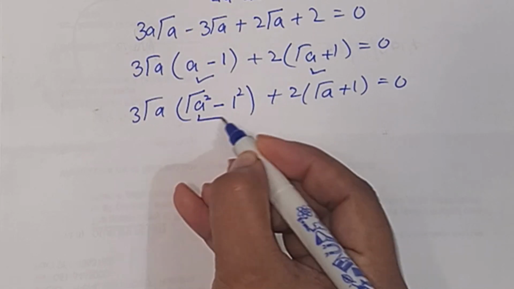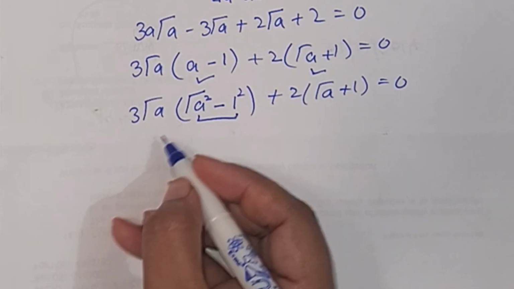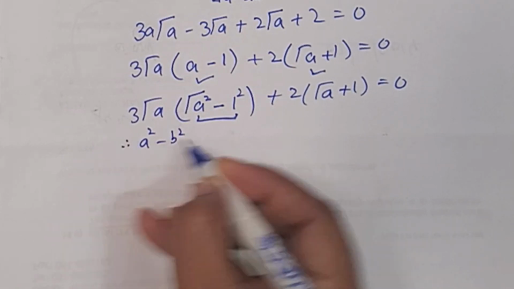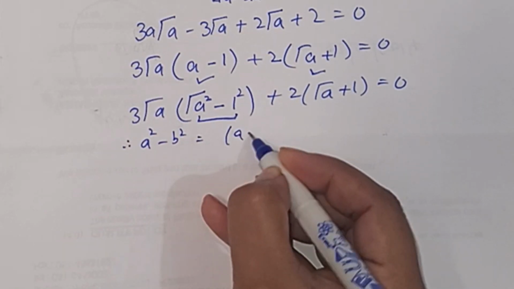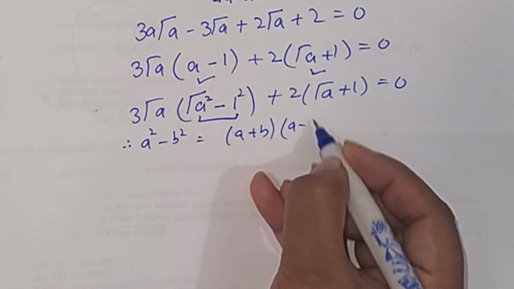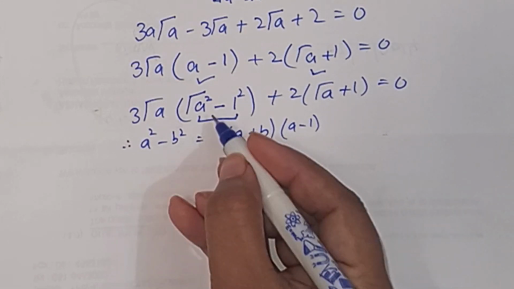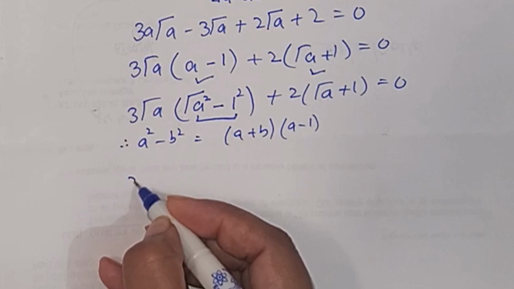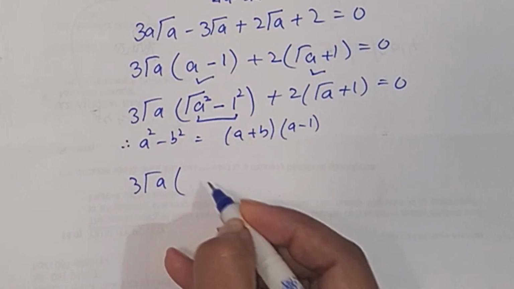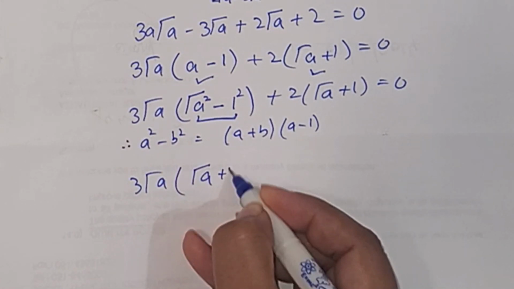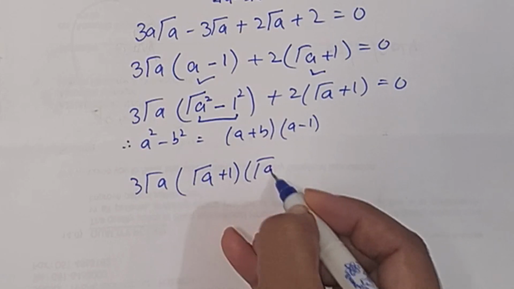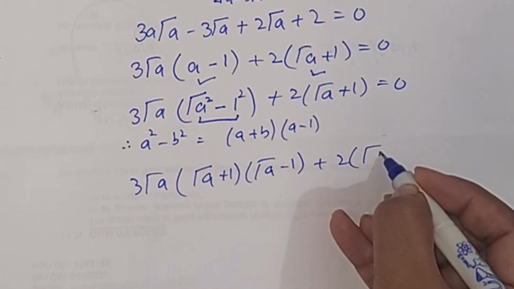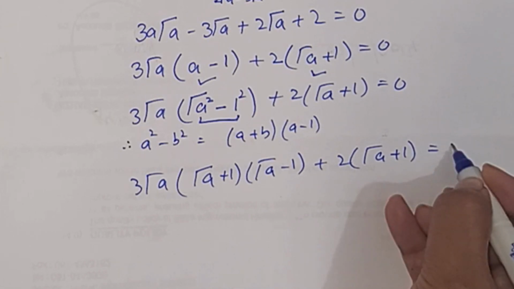Now look at these two terms, here we use the identity and we know that a squared minus b squared is equal to a plus b times a minus b. So applying this identity on these two terms, this will become 3 times square root a times square root a plus 1 and square root a minus 1, plus 2 times square root a plus 1, it's equal to 0.